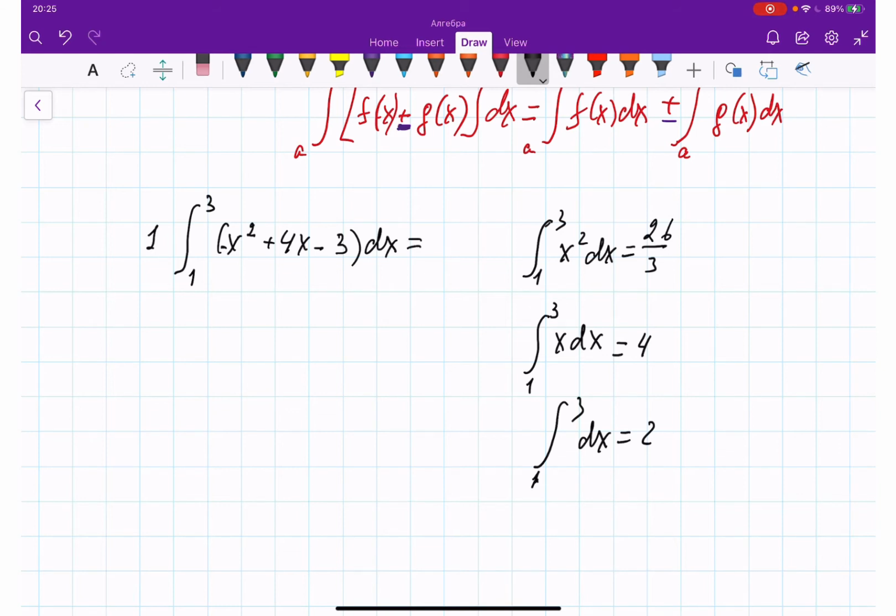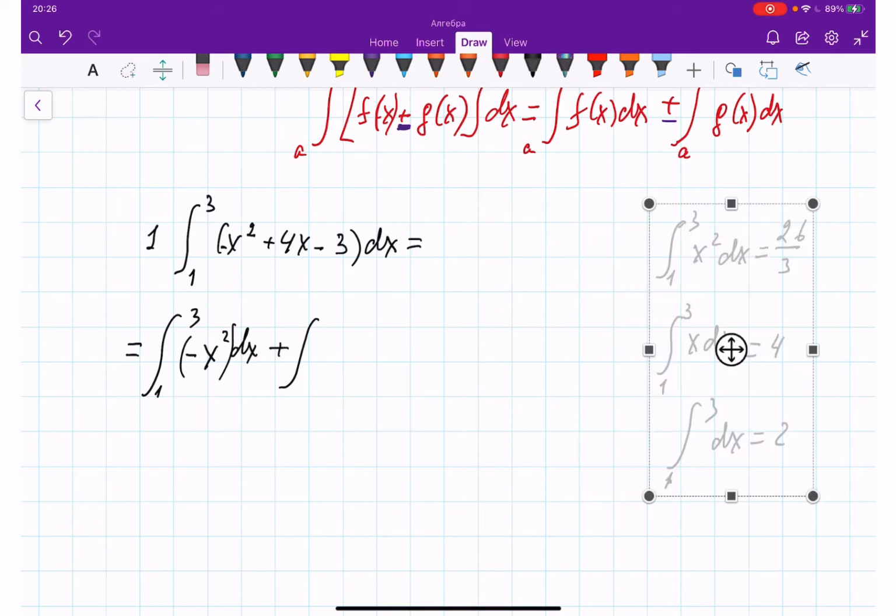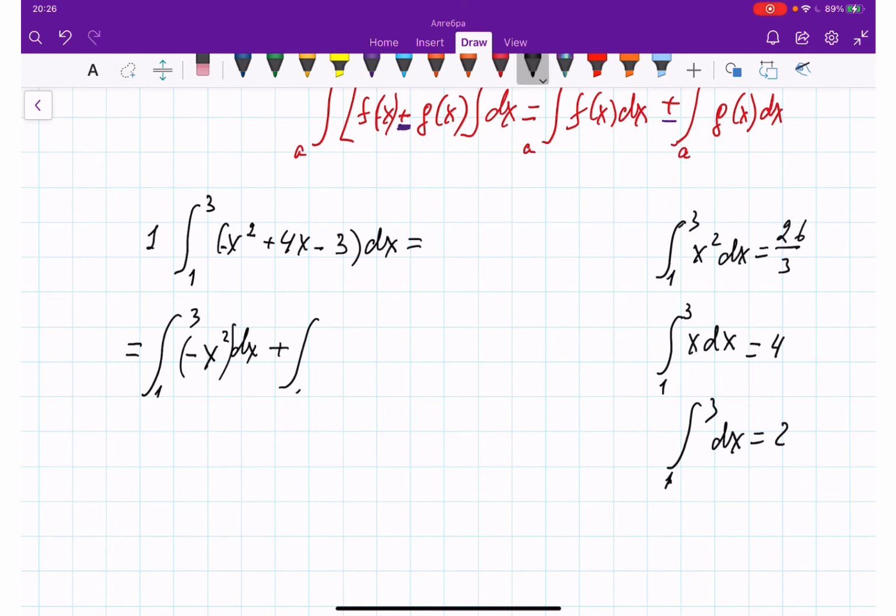So what do we have? We are getting the integral from 1 to 3 of negative x squared dx plus the integral from 1 to 3 of 4x dx, I'm splitting this polynomial, and then plus the integral from 1 to 3 of negative 3 dx.